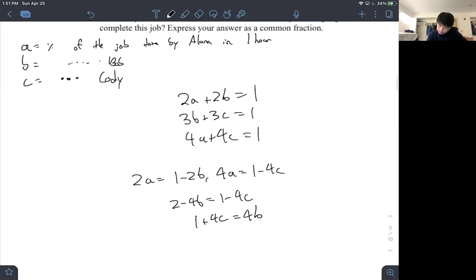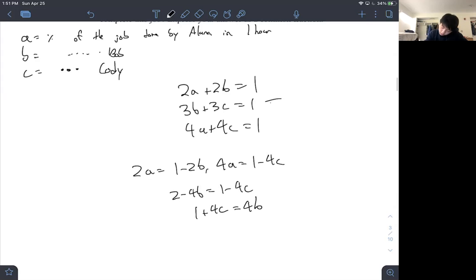But we also have this condition over here of 3B plus 3C equals 1. And so we'll convert this thing into 4 equals 12B plus 12C. So this will equal 3 times 4B. So 3 times 4B is 3 times 1 plus 4C, plus 12C, which equals 3 plus 24C.